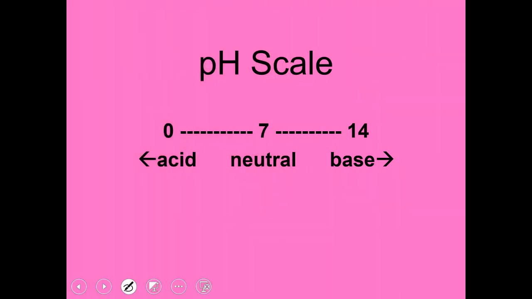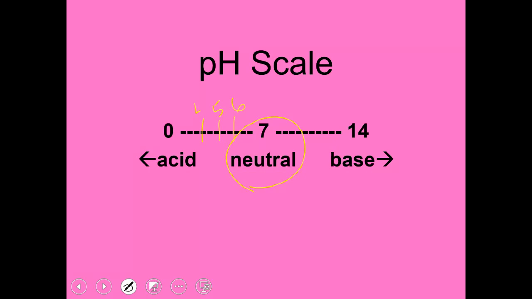The scales will look something like this. 7 is always neutral. On the pH scale, the low numbers are acid, with each number representing a factor of 10. So if I have something that is pH 6 and another solution that's pH 5, the solution that's pH 5 is 10 times more acidic than the solution that is pH 6.